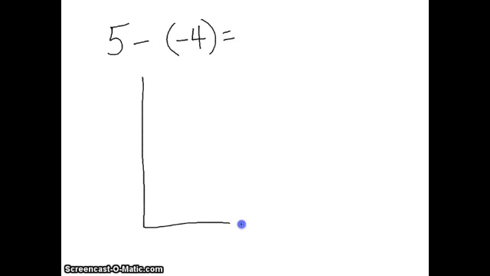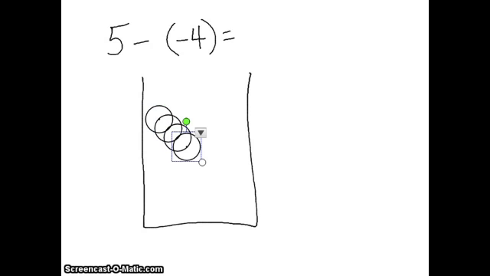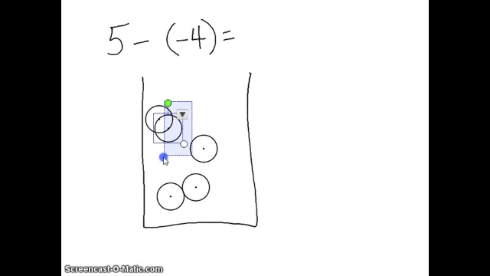So we use the same jar. And let's make our circles. 1, 2, 3, 4, 5. So if we're starting with 5, we'll make them positive.